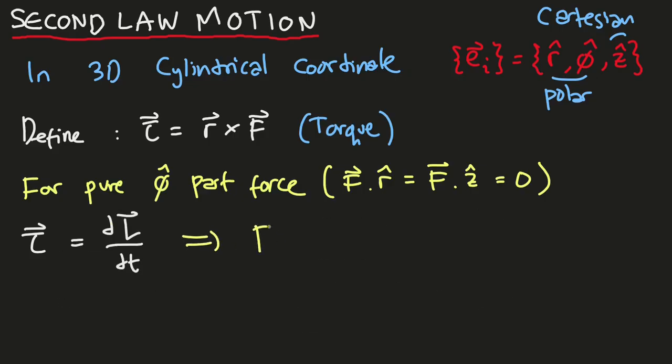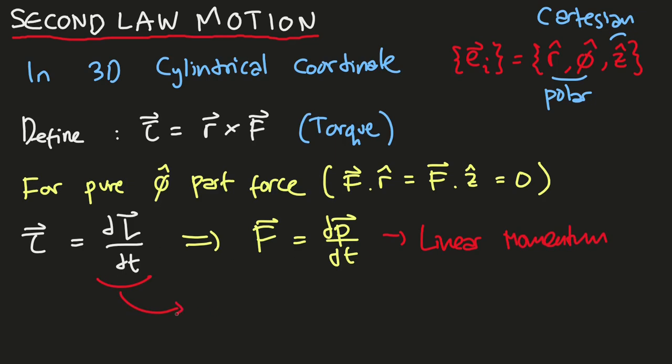The interesting part is that the result, tau vector equals the first derivative of angular momentum vector, has an analogical relation to force vector equals the first derivative of momentum vector, where F vector relates to linear momentum, but tau vector relates to angular momentum.